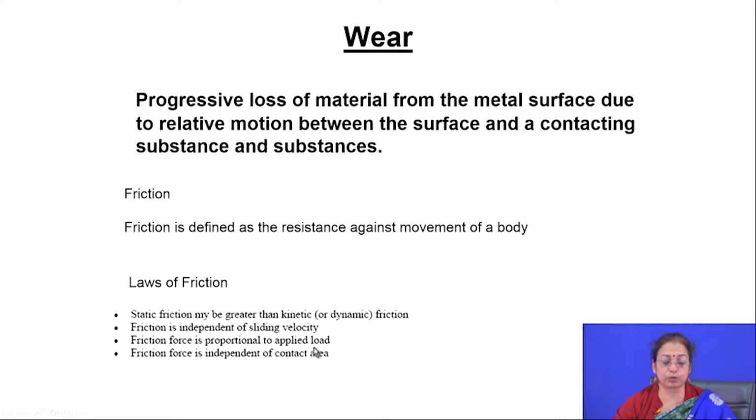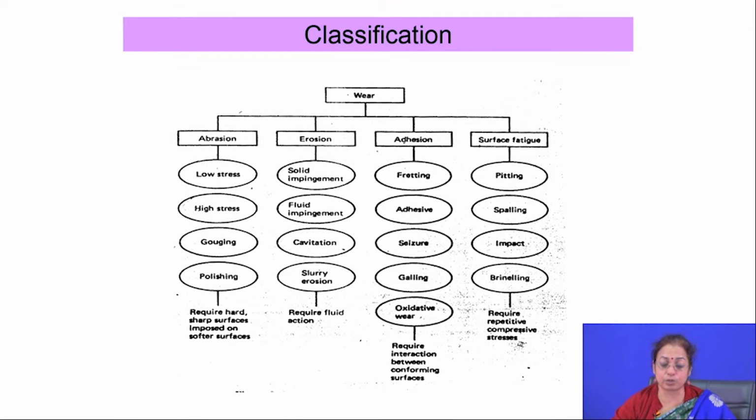Friction force is proportional to the applied load and is independent of the contact area. Friction is very much dependent on the combination of materials, and to some extent on the applied load, but the coefficient is not dependent on the load, because it is a ratio between the friction force and the applied load.